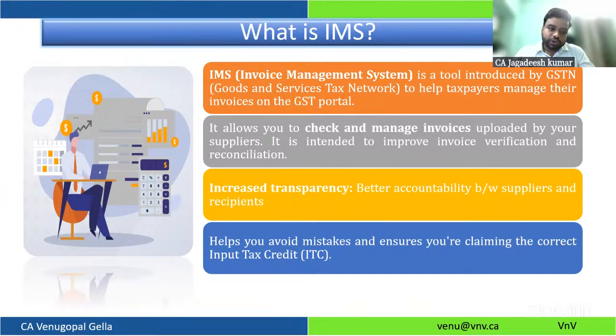In GSTR-1, you have an idea of which invoices you are paying your outward liability. Whereas in GSTR-3B, you have no clue on which invoices you are availing ITC. With the introduction of this IMS, you will now have a track of which invoices you are availing ITC in that period. So it increases transparency and accountability between the supplier and the recipient, and also helps you avoid mistakes and ensure you are claiming the correct input tax credit.